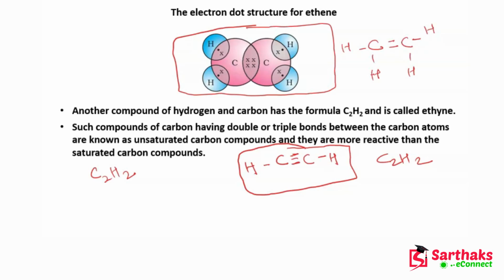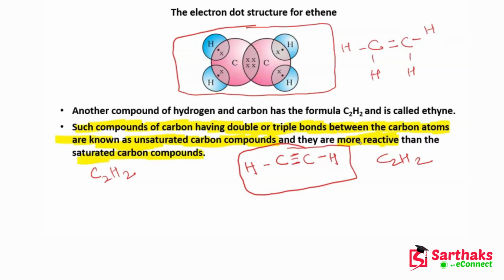Now the point is that such carbon compounds having double or triple bonds between the carbon atoms are known as unsaturated carbon compounds. On the previous slide we saw that compounds which only have single bonds are known as saturated compounds, but compounds which have double or triple bonds are known as unsaturated carbon compounds, and they are more reactive than saturated carbon compounds.